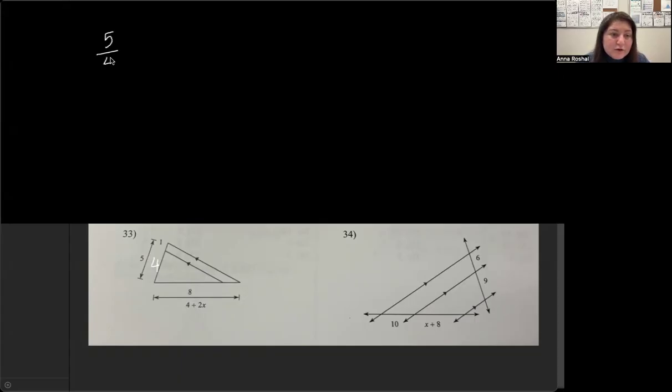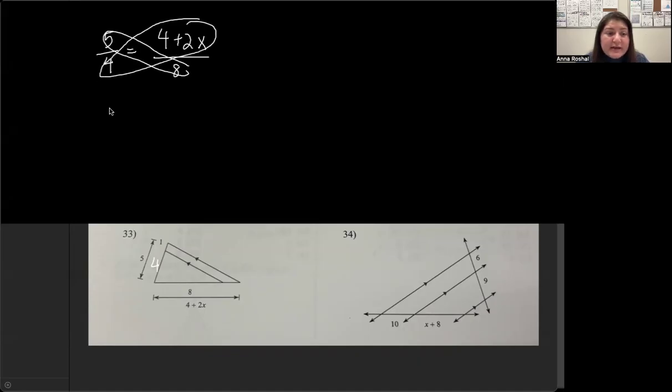And I can just cross multiply here and cross multiply here. 40 equals 4 times 4 plus 2x. Distribute. I can get 40 equals 16 plus 8x.